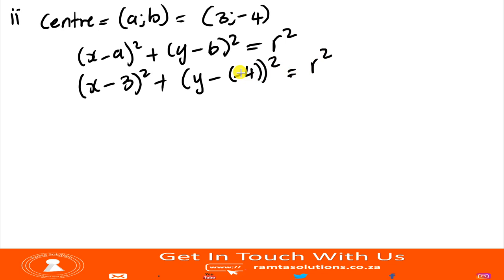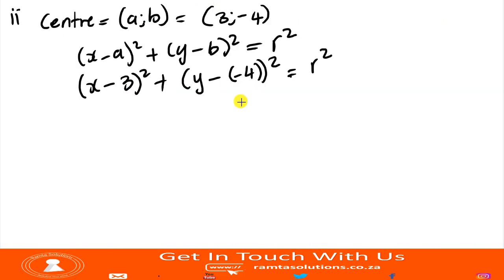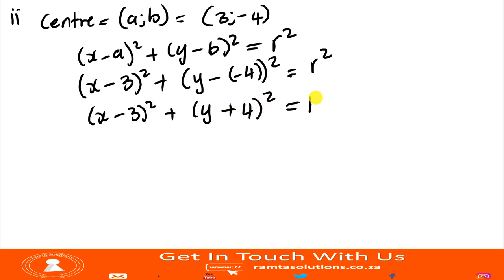We don't know what it is as yet, but I think our radius is basically 3. I could see it from here, but we will prove it. So this becomes (x minus 3) squared plus (y plus 4) squared equals r squared.